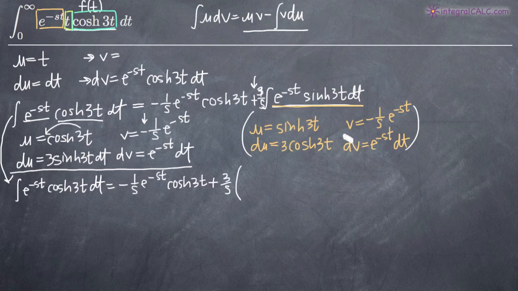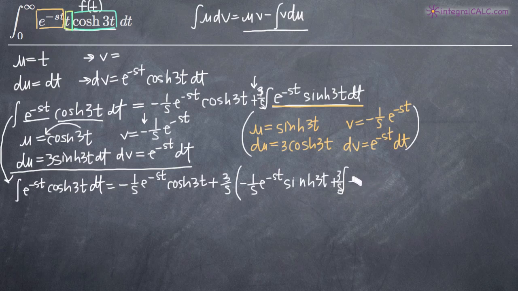So we need u times v, so we've got negative 1 over s e to the negative st times hyperbolic sine of 3t minus the integral of v du. So v times du will have plus 3 over s out in front again.